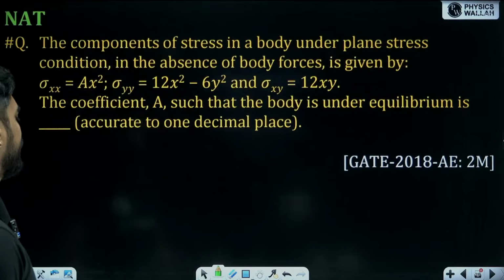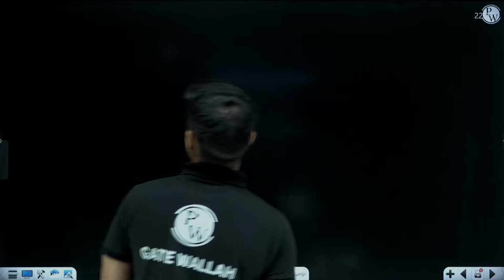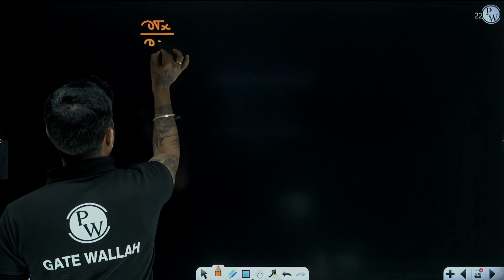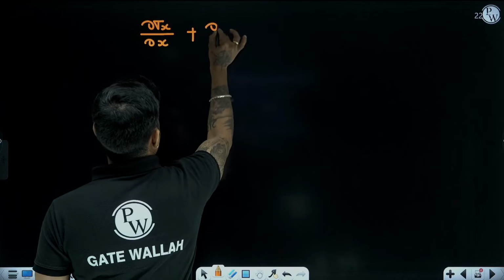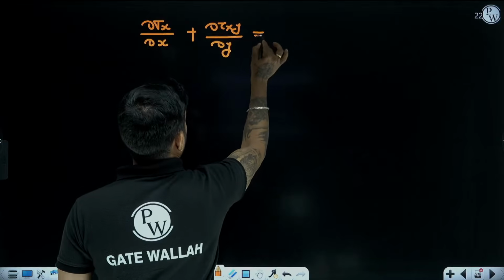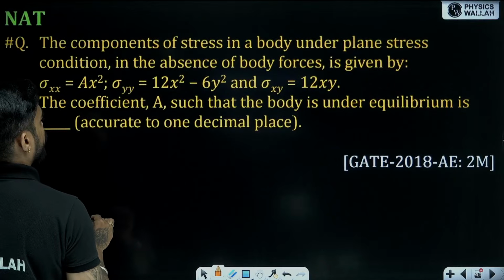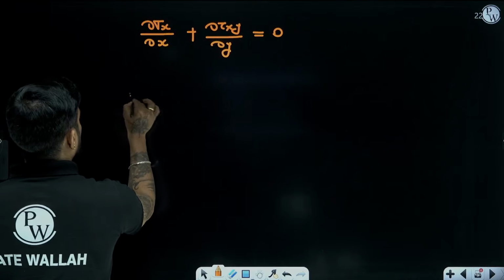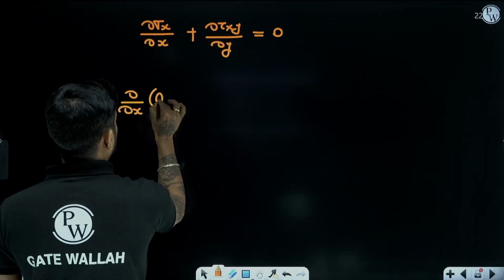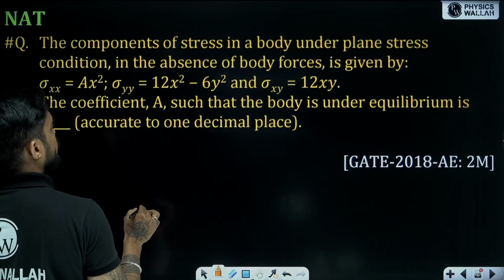So what is the equilibrium equation? Dou sigma x by dou x plus dou tau xy by dou y is equal to 0, right? So this will become dou by dou x of sigma x, which is ax square, then dou tau xy by dou y.